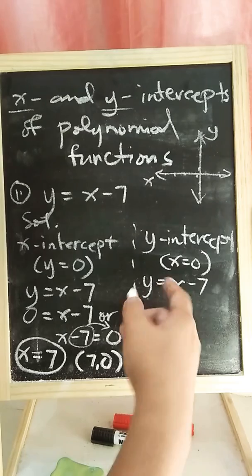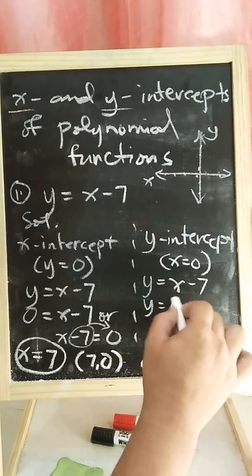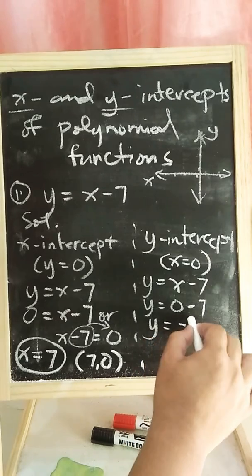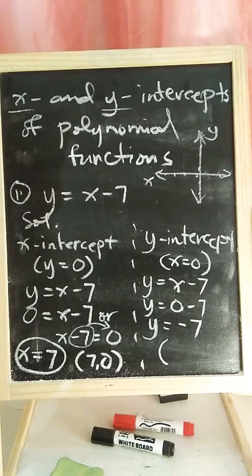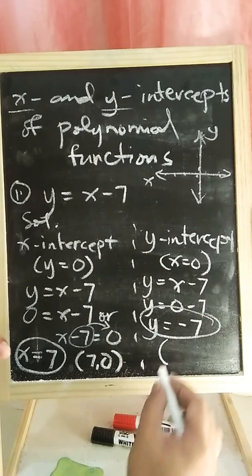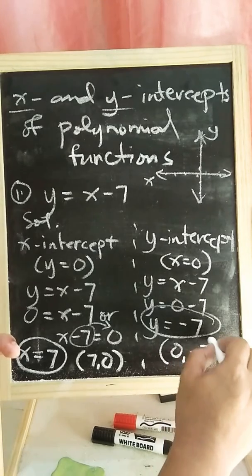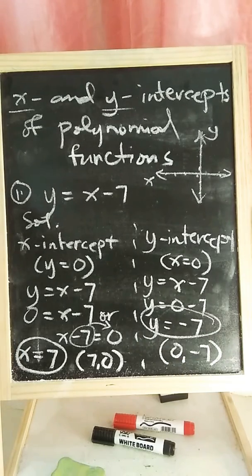So y is equal to 0 minus 7. Obviously, y is equal to negative 7. So the y-intercept here is (0, negative 7).